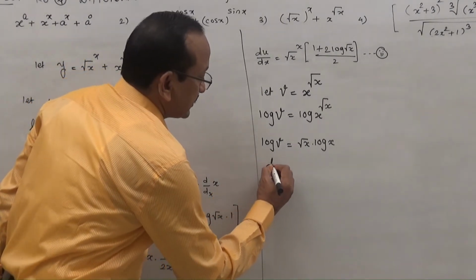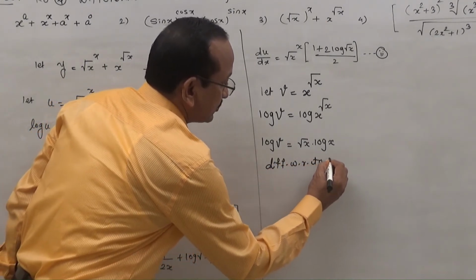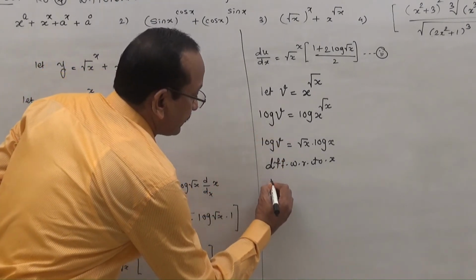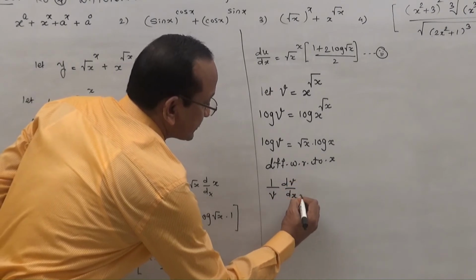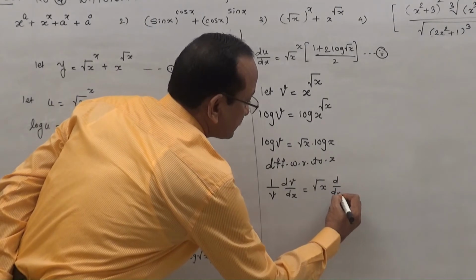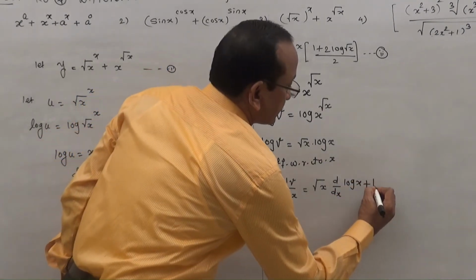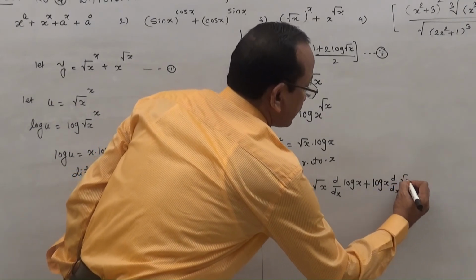Now differentiate this function with respect to x. Then the derivative of log of v is 1 upon v dv by dx, which is equal to first function into derivative of second function plus second function into derivative of first function.